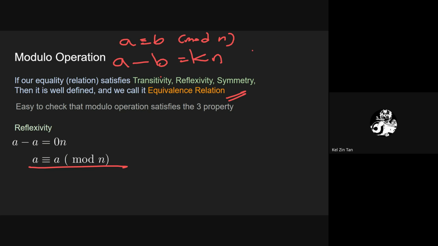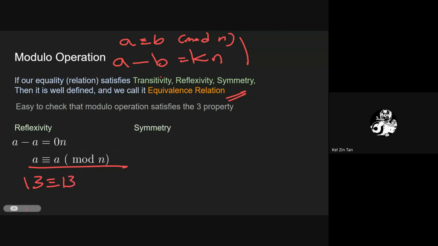So this is our definition of congruence. A minus A is 0, and we can always write this as 0 times n. k can be any integer, and 0 is an integer. So reflexivity is satisfied.